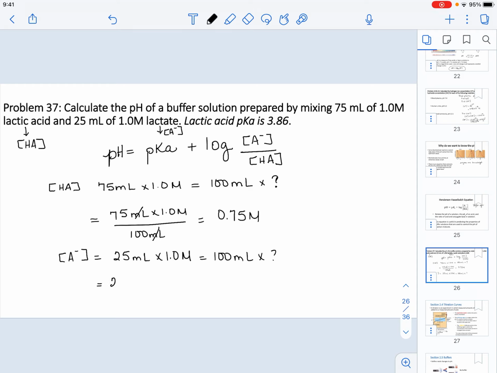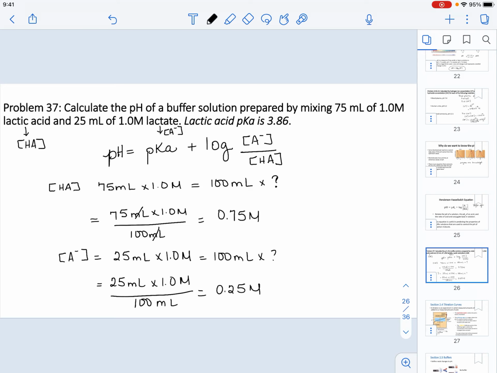So 25 milliliters times 1.0 molar divided by 100 milliliters, then my concentration of A minus is going to be 0.25 molar.